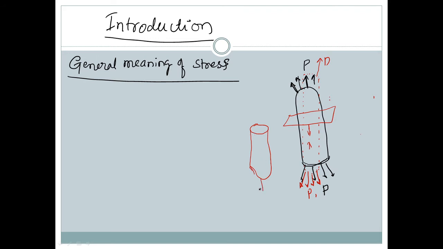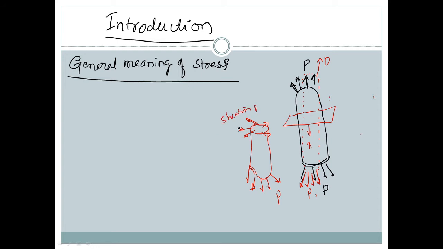So now this is the applied load P. Okay. Now as you apply the load, if more load is there, it is going to break, right? Now this is the shear load.